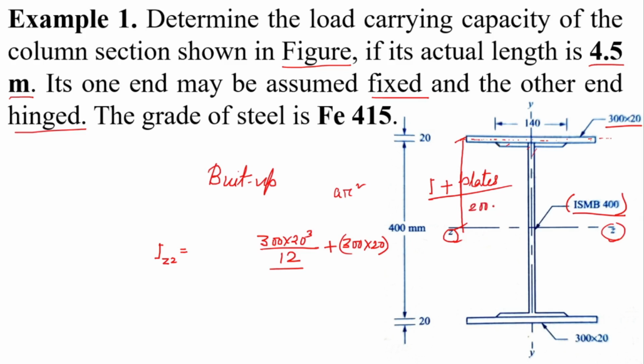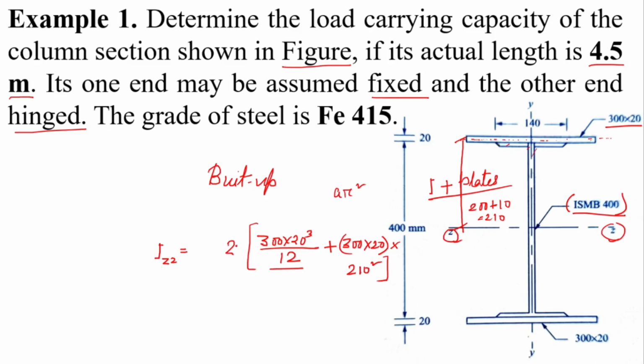200 plus 10. 200 means from the center up to the extreme face of the I section, it is 200, means 400 by 2, plus 10 mm more up to the centroidal axis of the plate. So it will be 210. So A is 300 into 20, R is 210 square. Okay, so this is for one plate.